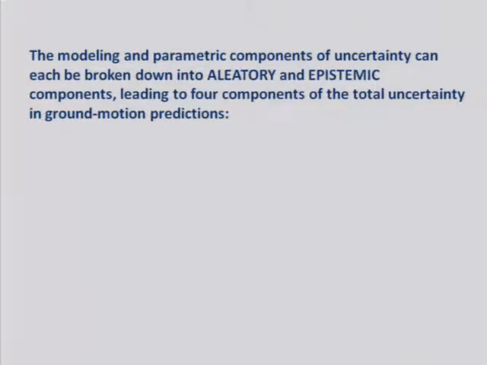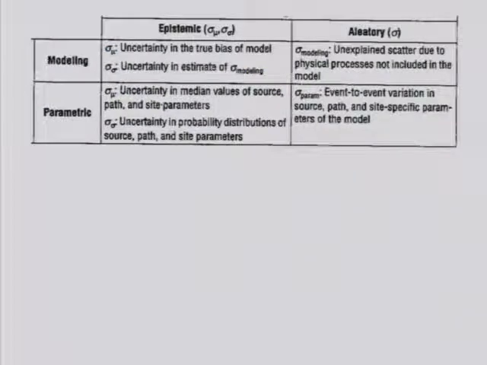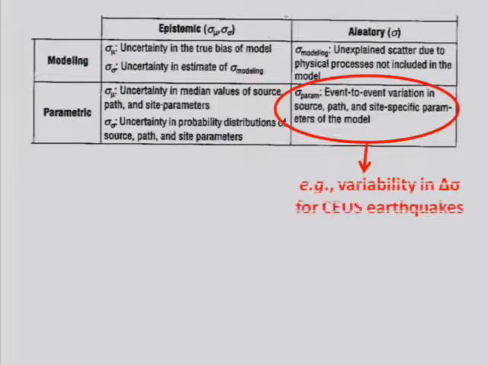I'm not going to dwell on this too long, because it's this very famous table from the Toro et al. '97 paper, which I think you're all familiar with, seen from the perspective of the seismic hazard analyst and from the ground motion analyst. So coming in from this side and looking at parametric uncertainty, I'm going to focus on this part of the table. Aleatory parametric uncertainty: for example, what's the variability of stress drops in the central and eastern United States?